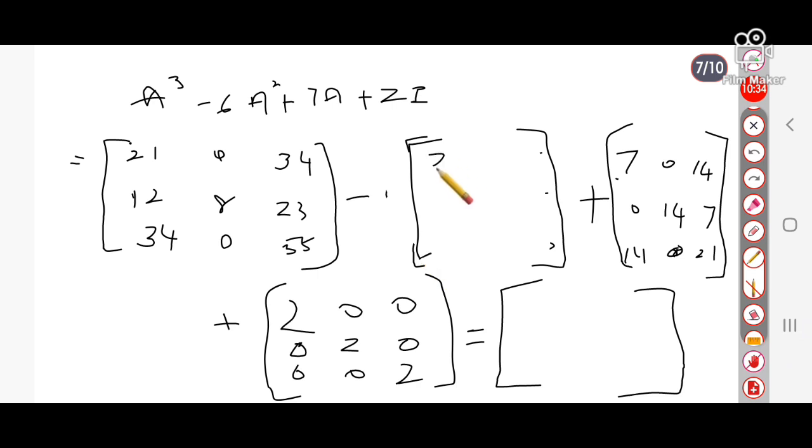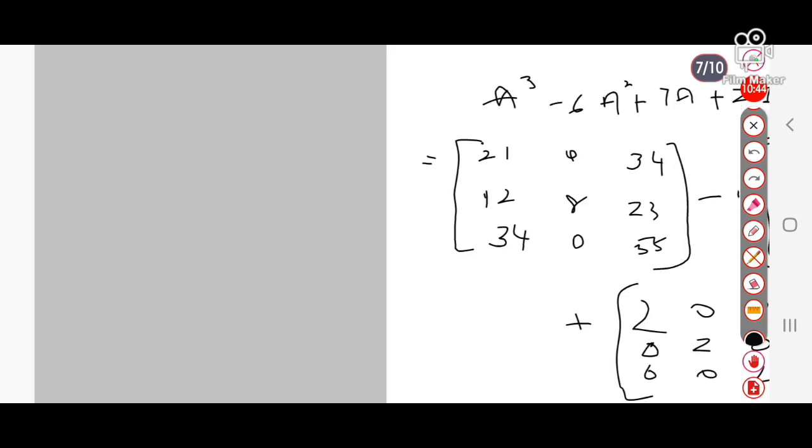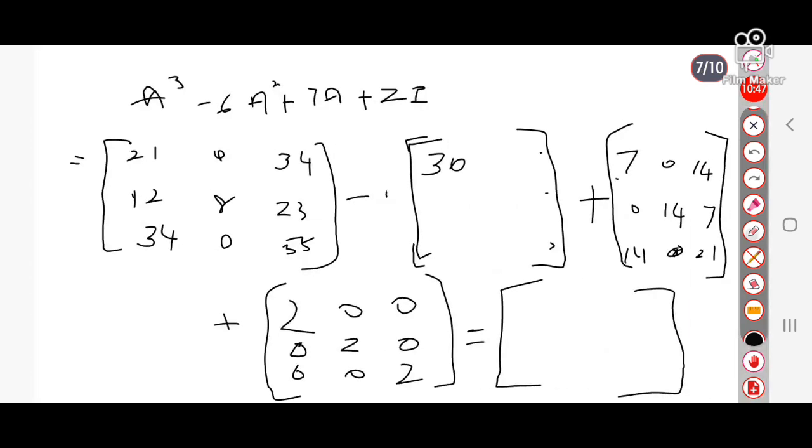So we get 30, 0, over here 30, 0 and 48, 12, 24, 30 and 48, 0, 78.